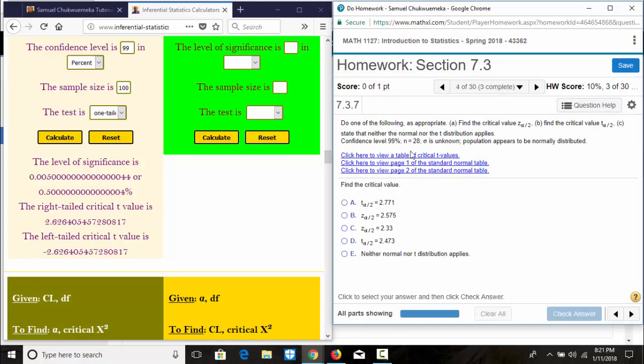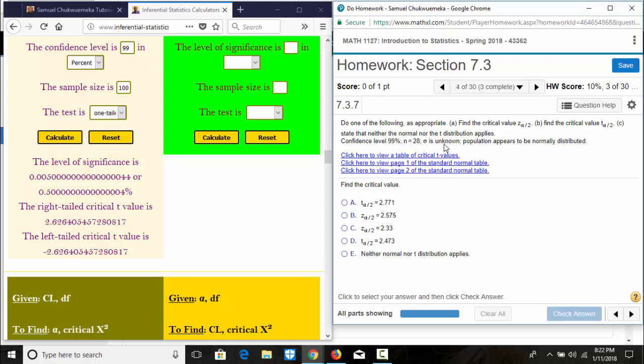Question 4. The confidence level is 99%. Sample size is 28. It is not up to 30. The population standard deviation is unknown. However, the population is normally distributed. So in this case, we are still going to use critical T because we don't know the population standard deviation.